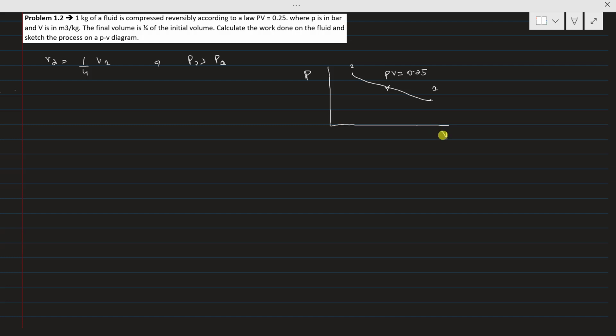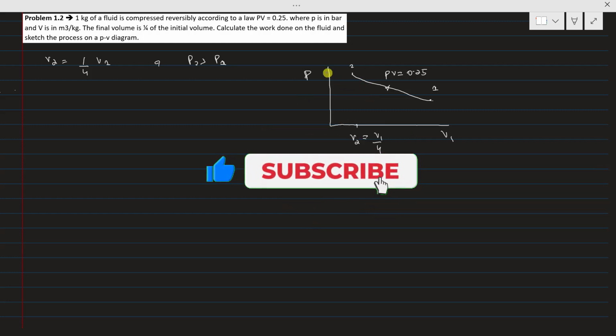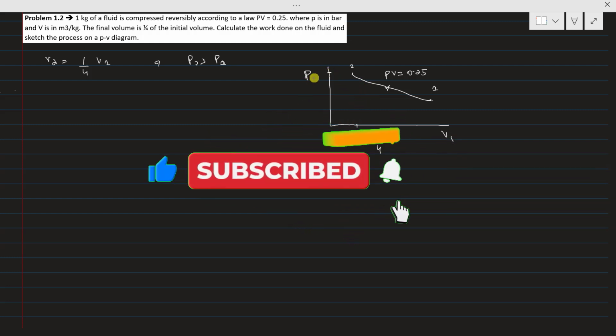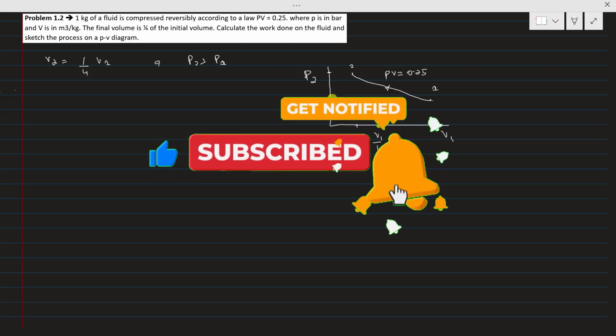So the volume here is V1, here the volume is V2, and it is equal to V1 by 4. That is given in the statement. So you can show this on a PV diagram from such a graph. Here the pressure is P2, and here the pressure is P1.